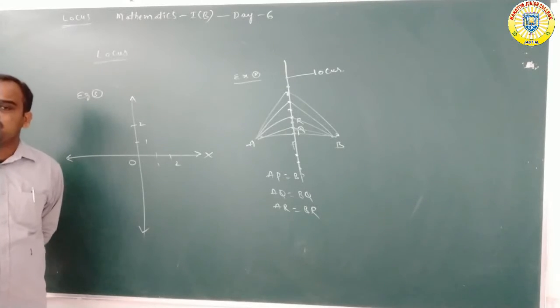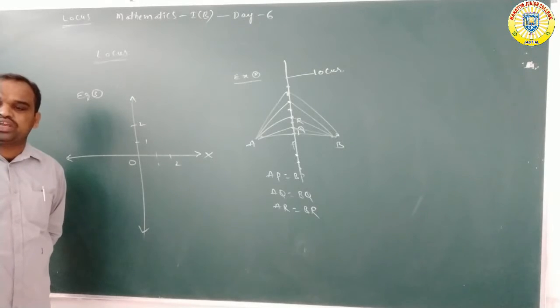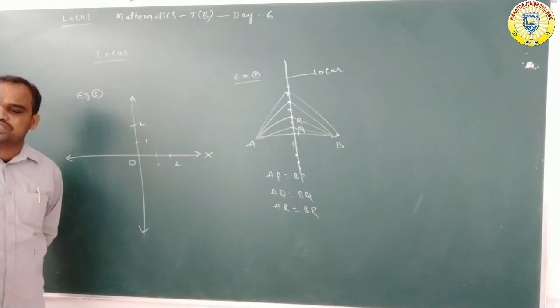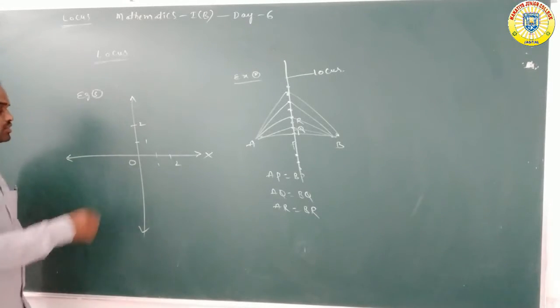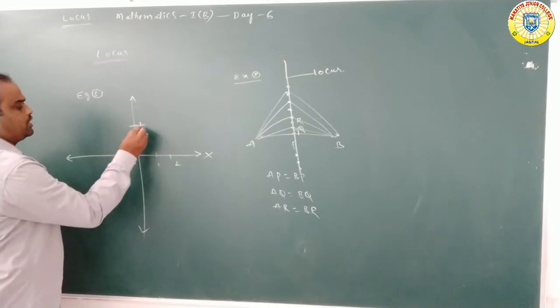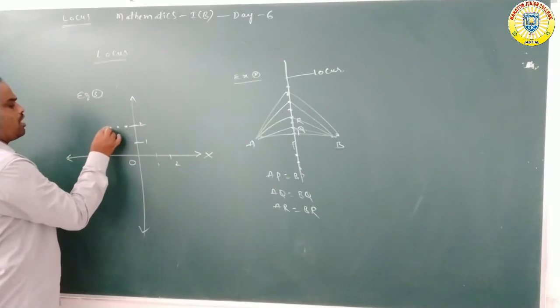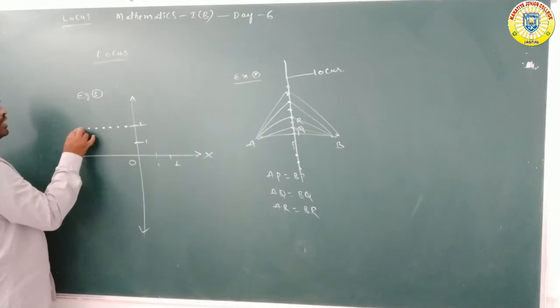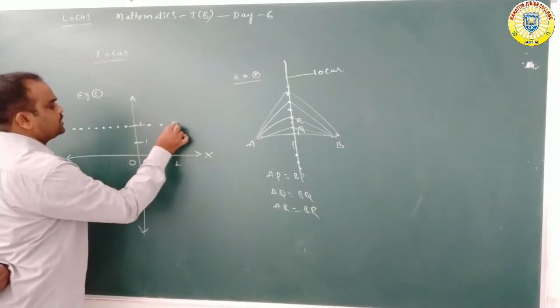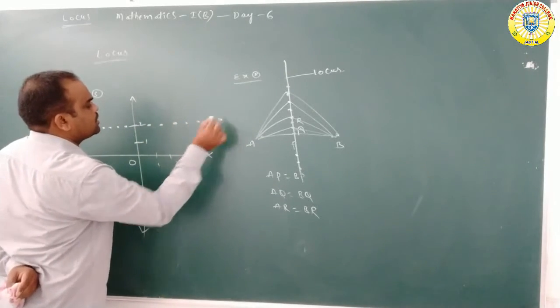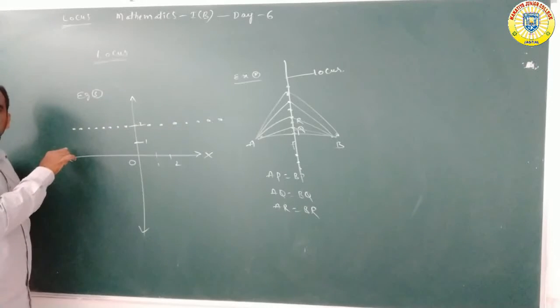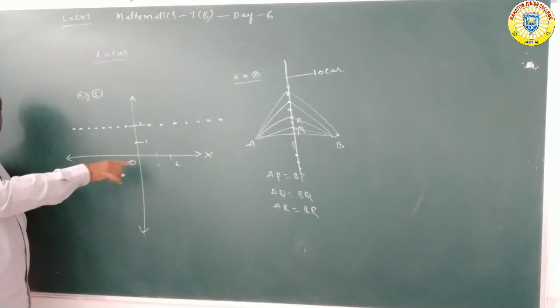Find the locus of the points which are located 2 units above the x-axis. This is 1 unit, this is 2 units. We denote all these points. All these points satisfy our condition, as they are all 2 units distance from the x-axis.